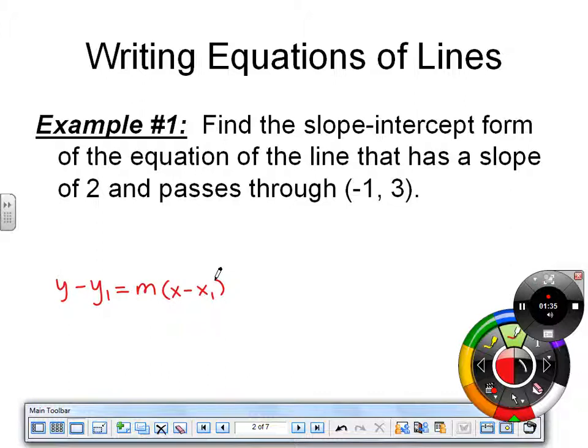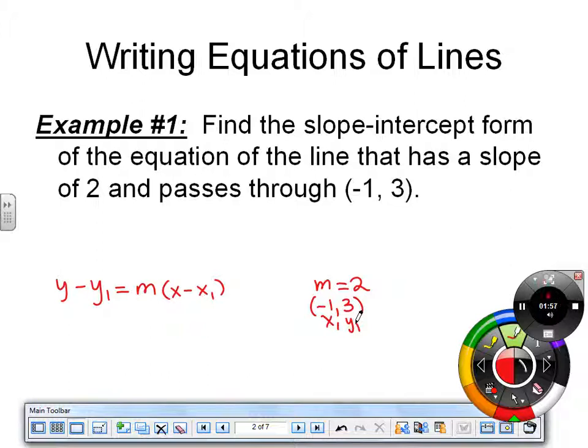The x1 and the y1 are a place where we can plug in the point. So our m is going to be 2 because the problem says that that's our slope. And our (-1, 3), which was given as the point that our line passes through, is going to be our x1, y1.